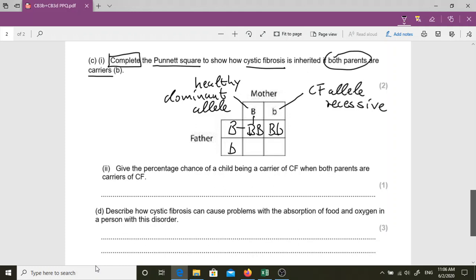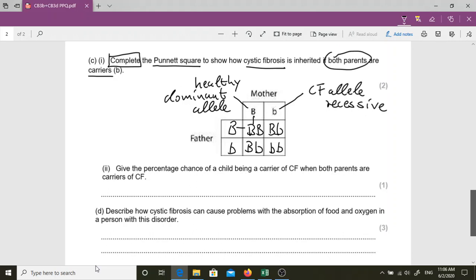Down here we have the healthy dominant allele from the mother and the recessive cystic fibrosis allele from the father. And then in the last box we get two recessive cystic fibrosis alleles, one from each parent.